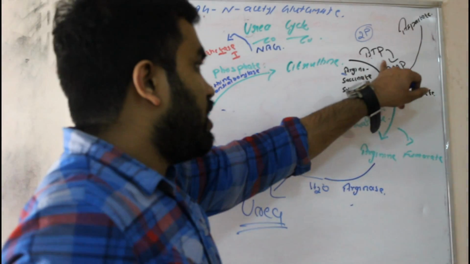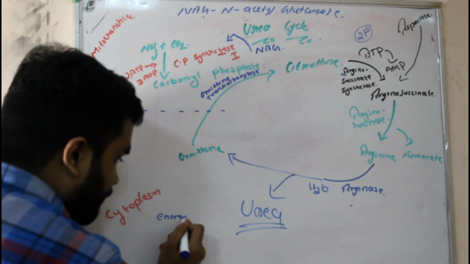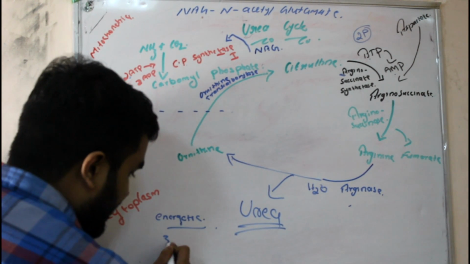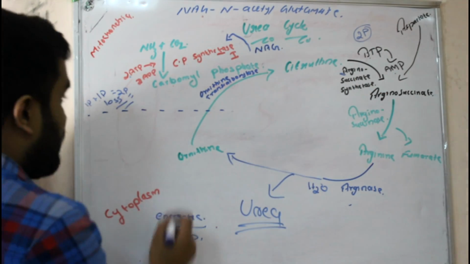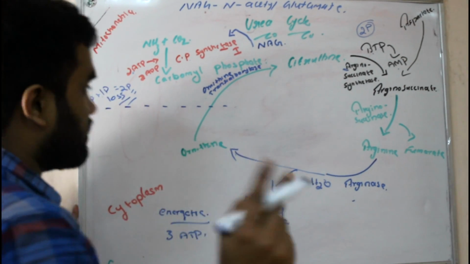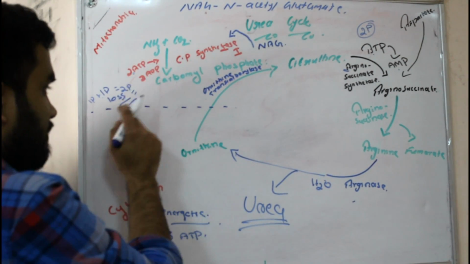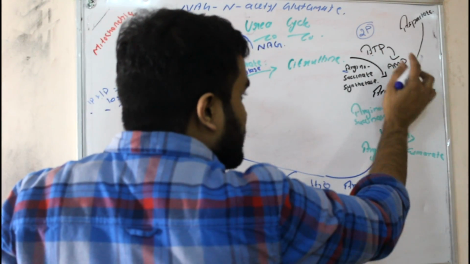How many here? 1 ATP. So total energetics: we are using 3 ATP, 2 ATP here and 1 ATP here. And how many phosphates? From 2 ATP we lose 1 phosphate each, and the other ATP to adenosine monophosphate loses 2 phosphates. So 4 high-energy phosphates are lost in total.